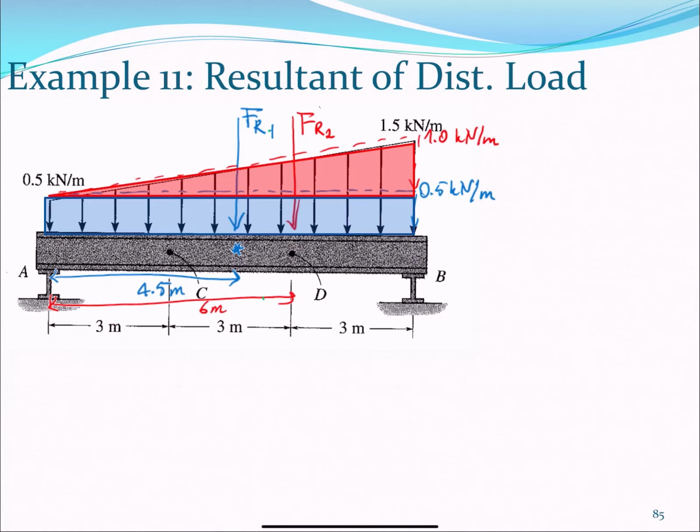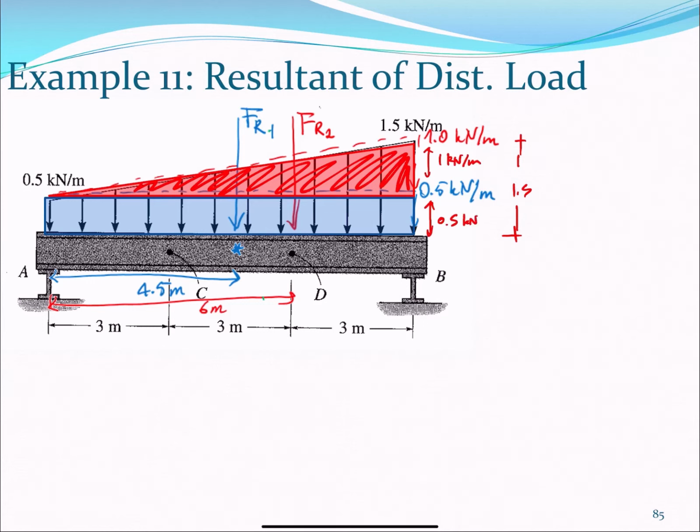I went ahead and marked the location, and I was able to do that because of the simplicity of the shapes. For example, for the triangle, the area is just base times height divided by 2. Now the height: the entire thing is 1.5 kilonewtons per meter, and this is 0.5, so this is equal to 1.